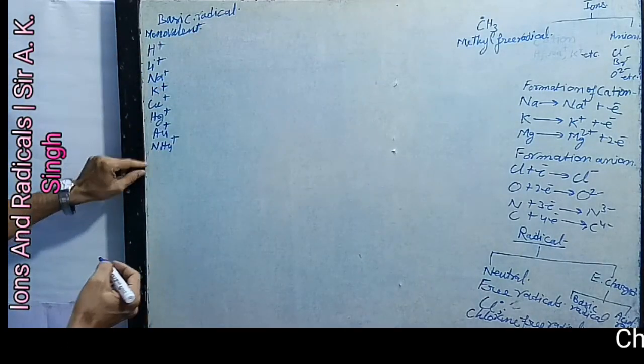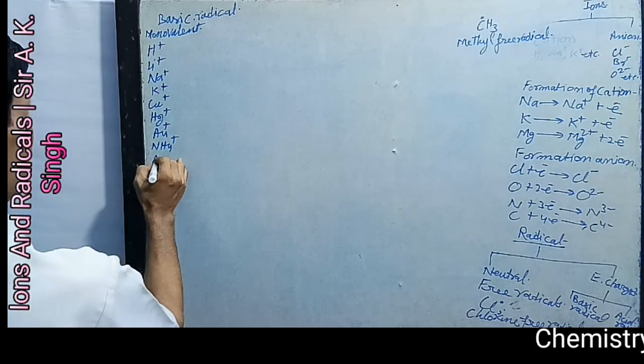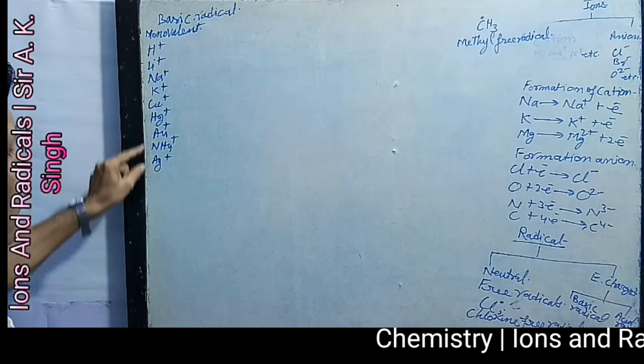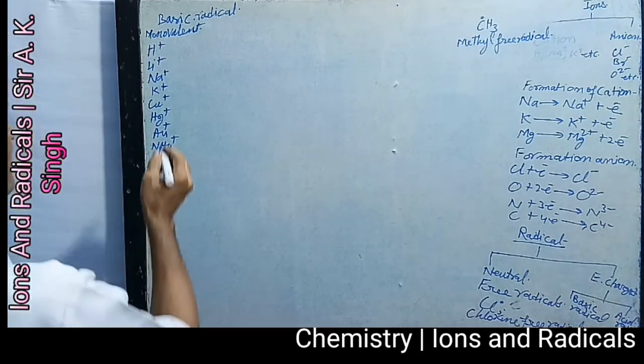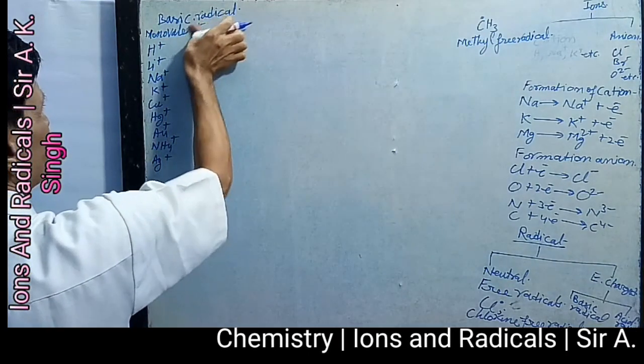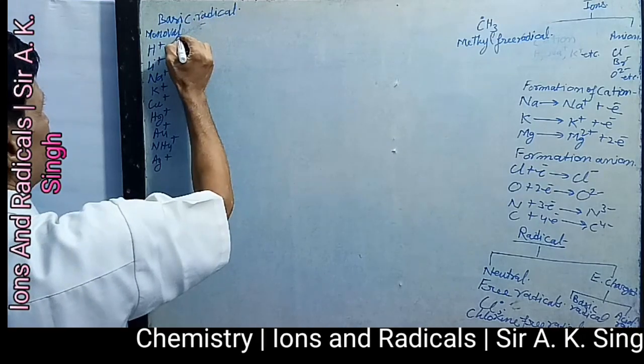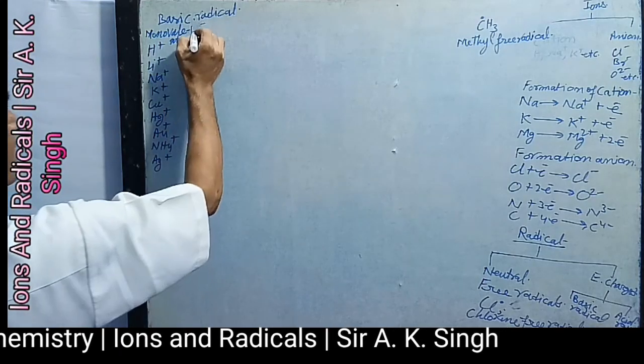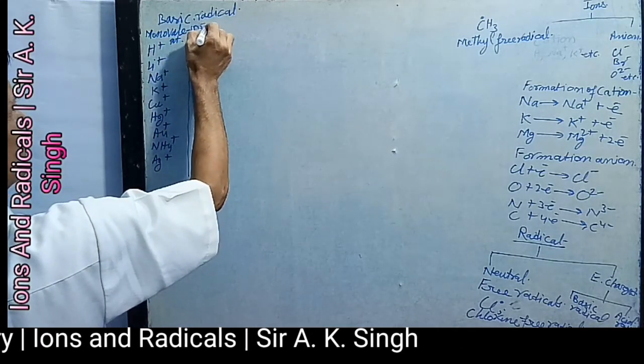They are called monovalent radicals. Silver ion, these are called monovalent radicals.